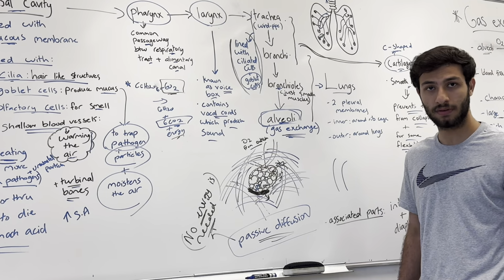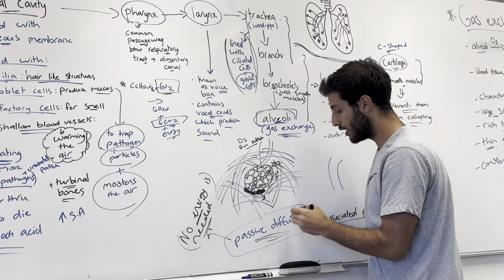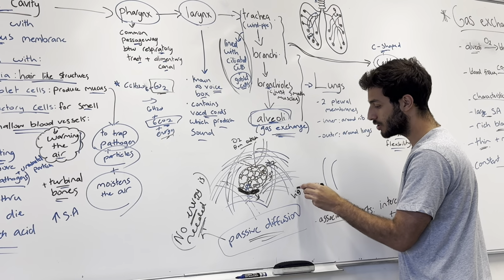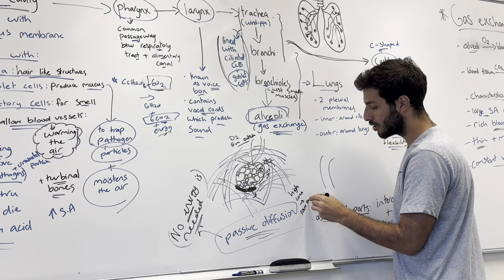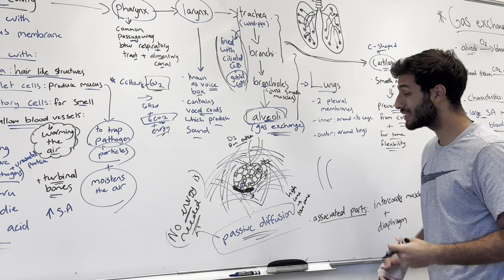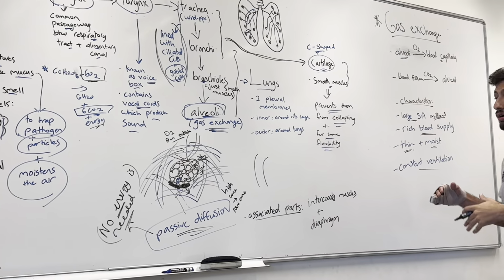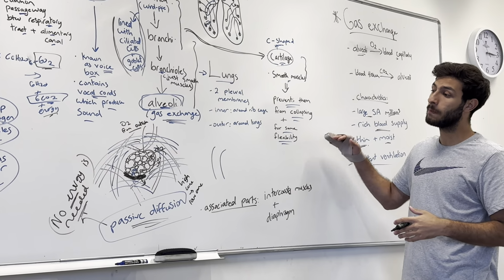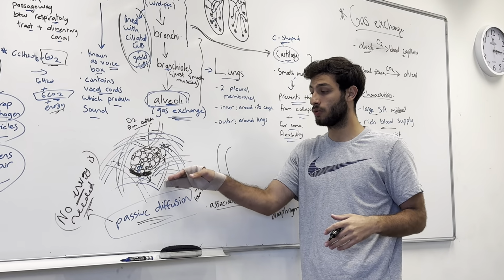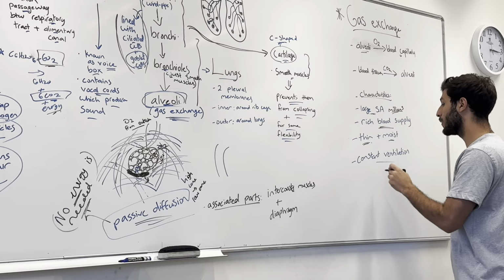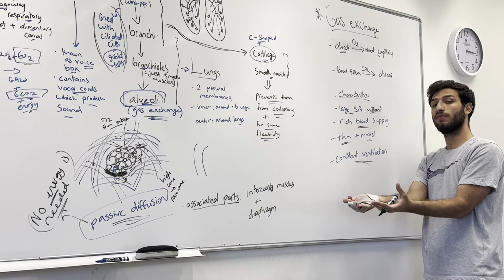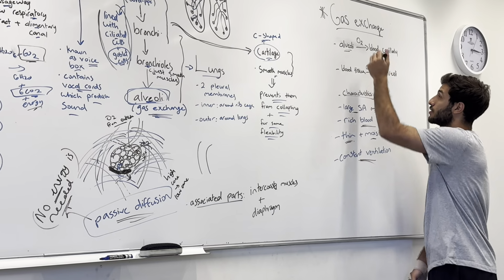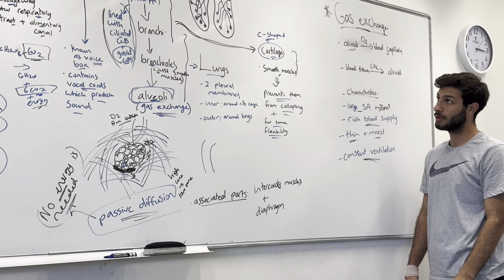It's a passive process. It doesn't need energy. It goes from a high concentration into a low concentration. So since we always have the high concentration of O2 in our alveoli and a high concentration of CO2 in our blood vessels, we're always going to have constant ventilation, oxygen coming in, CO2 leaving, and that's an important characteristic for gas exchange to occur.